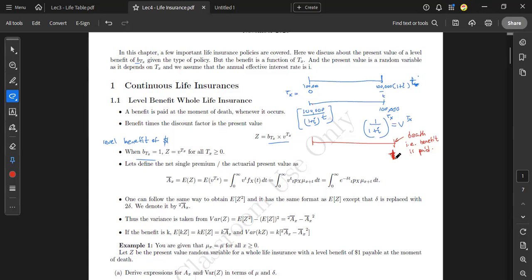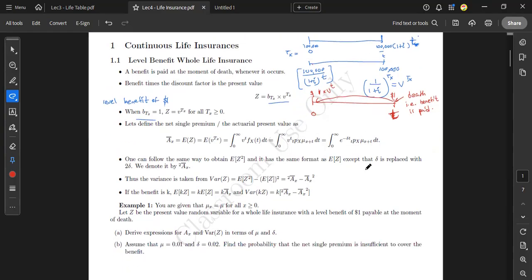Suppose it is T, and to have $1 at this moment, we should have $1 times v^T at the beginning. So that is the picture we discuss here.